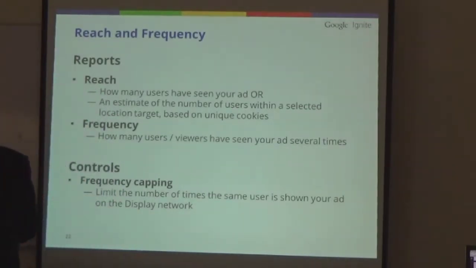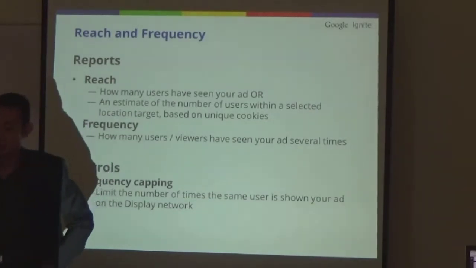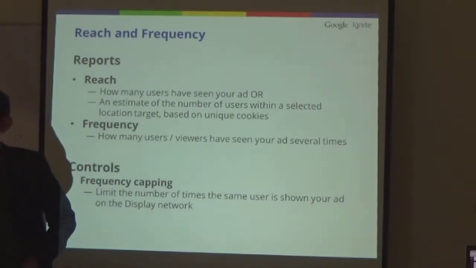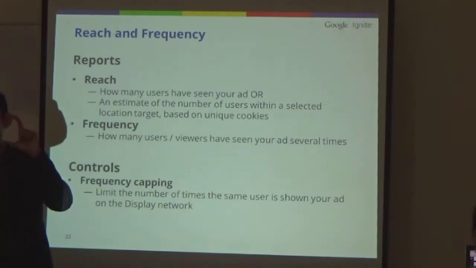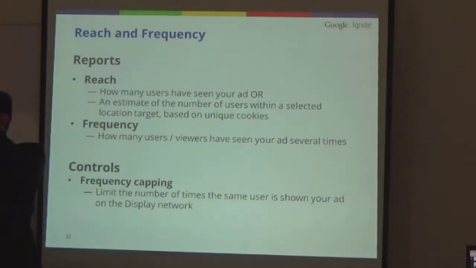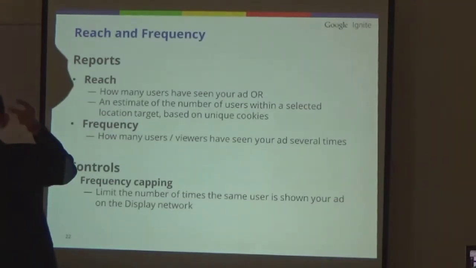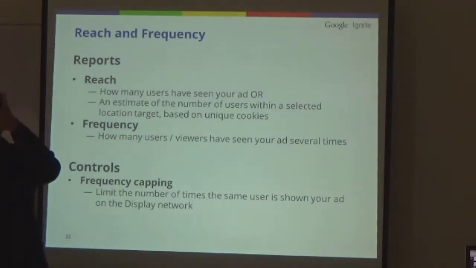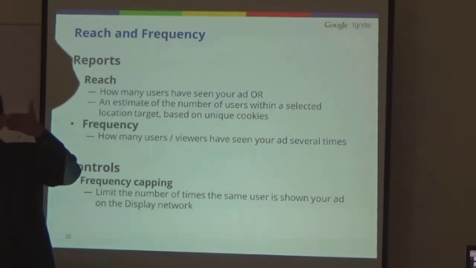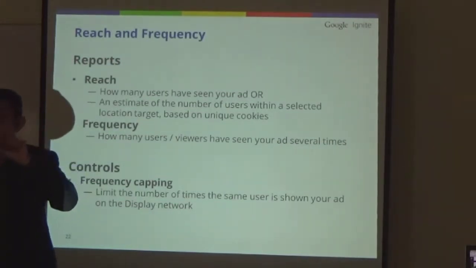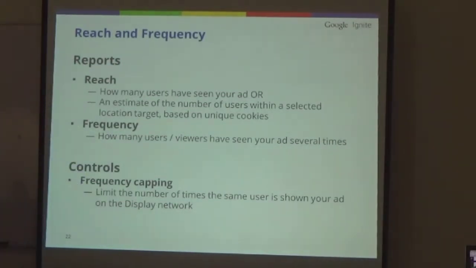Because by definition, frequency capping means you are limiting the number of times the same user is shown your ads on the display network. So you can even set the cap, how many times a user will see your ads, even if you want to go into using remarketing or interest targeting. There is a frequency capping setting that you might want to look into.